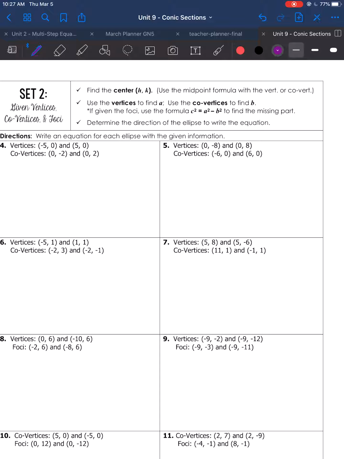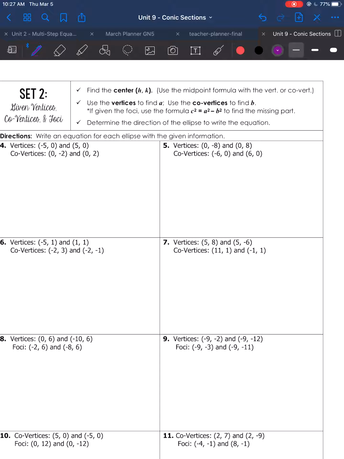If you're given the vertices and the co-vertices, either the x's or the y's will always be the same. You can use that to figure out your center, or you can just use the midpoint formula of the vertices or the co-vertices, whichever you find easier. And then we will figure out what a and b are, and then we'll write it in standard form.